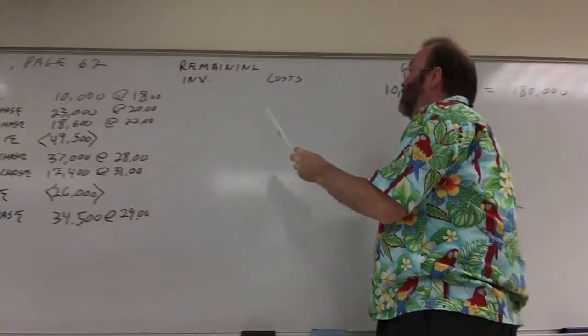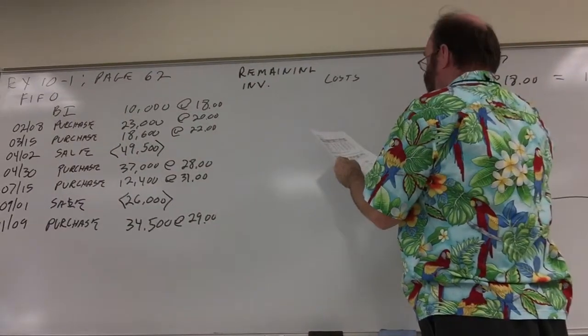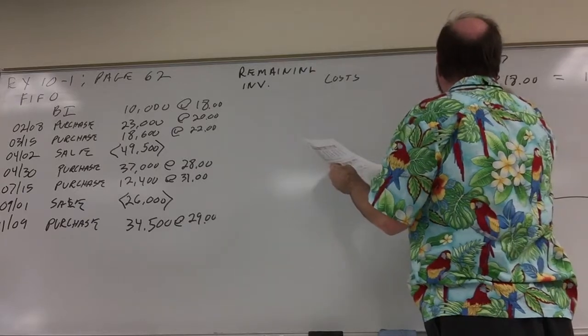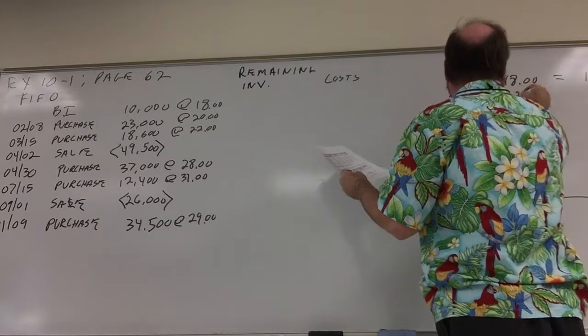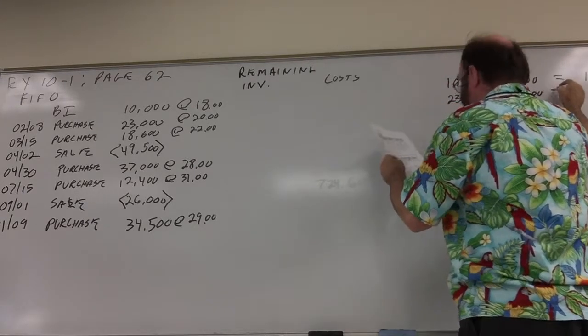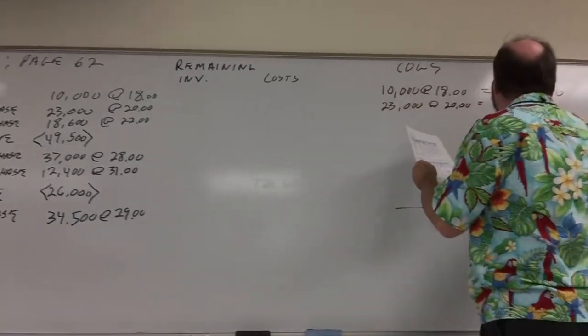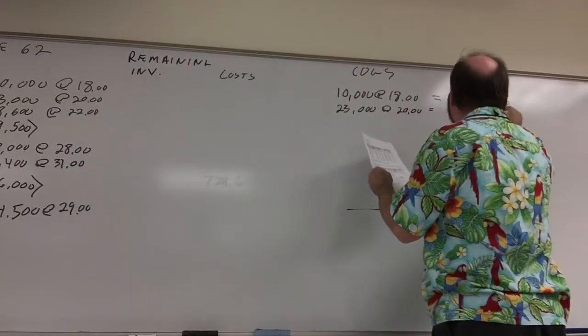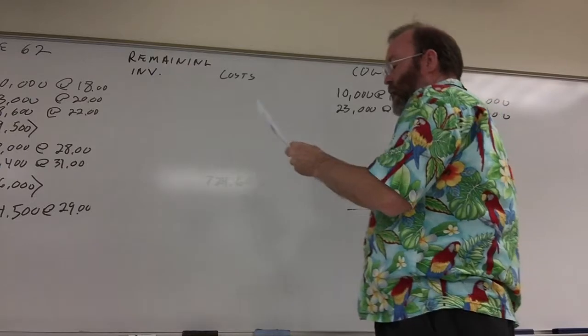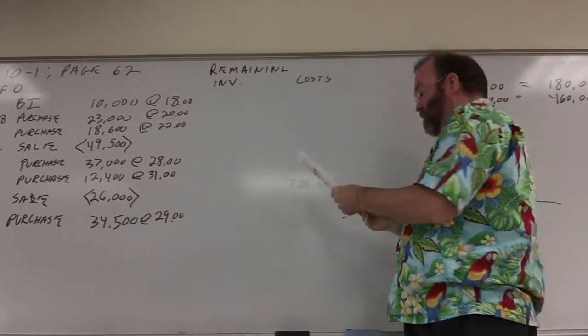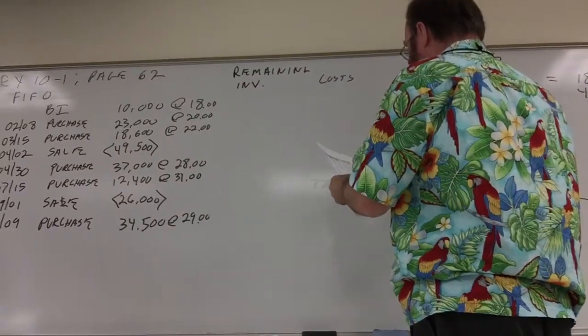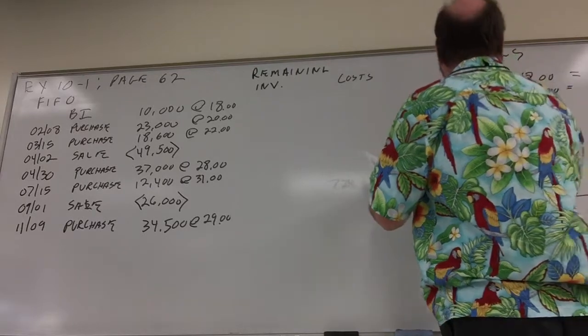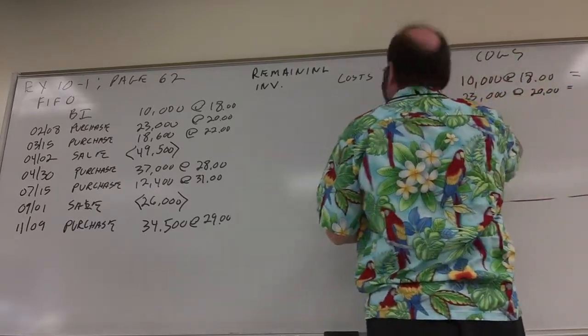We sell 23,000 at 20 for a total of 460,000. And then that leaves us, so that's 33,000.